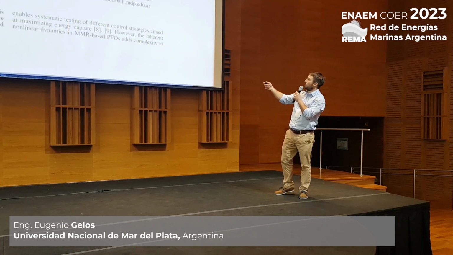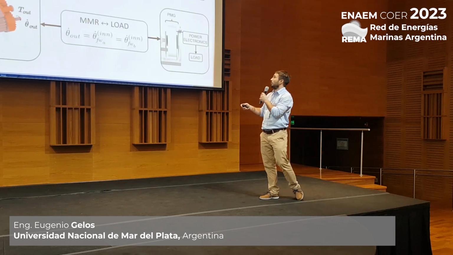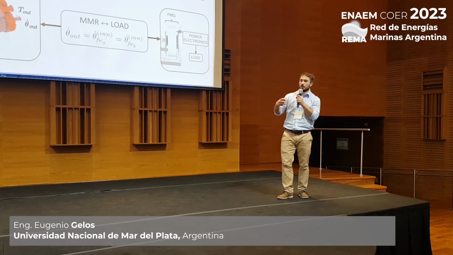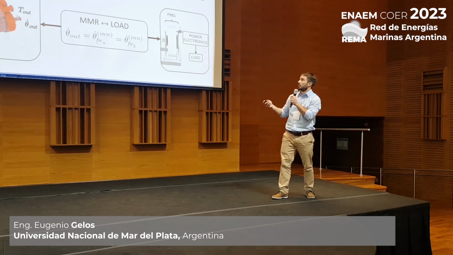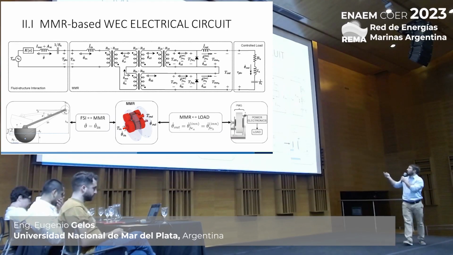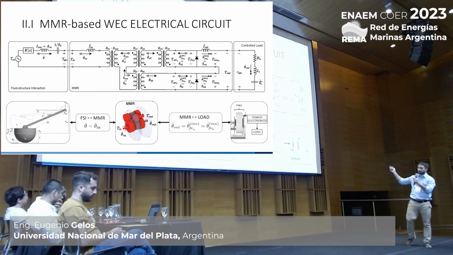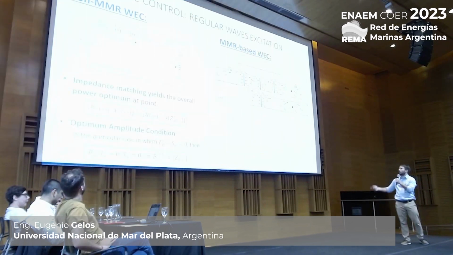Some more details can be found in the RPIC article that was presented a week ago. This is the resulting circuit after applying this procedure. You can see that the MMR is an arrangement of transformers and ideal diodes, and the control load has a proportional integral derivative action given by the resistor, inductor, and capacitor.